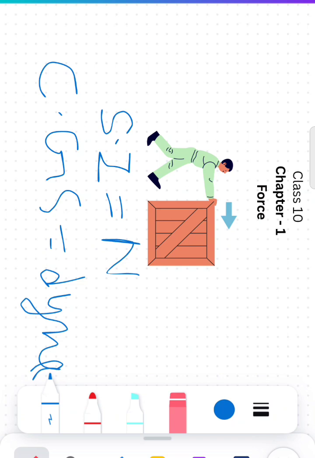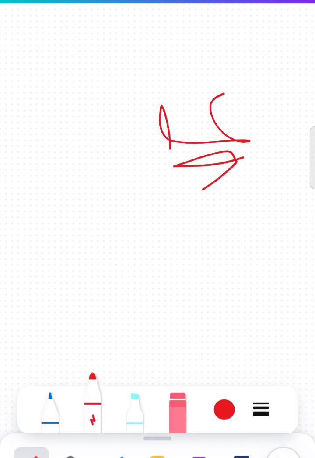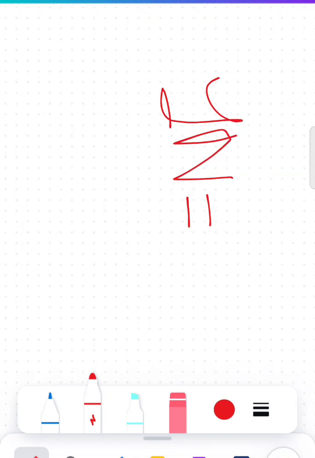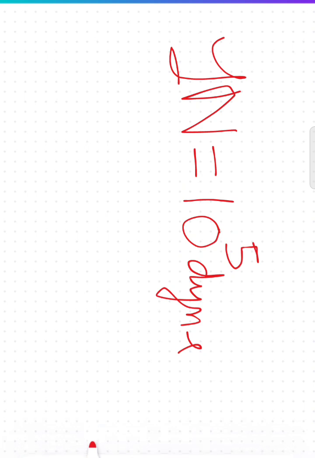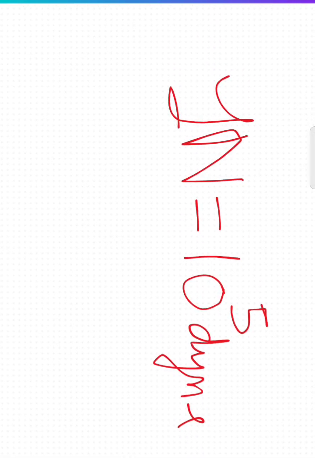And the relation between the CGS and SI unit of force is: 1 Newton is equal to 10 to the power 5 dyne.